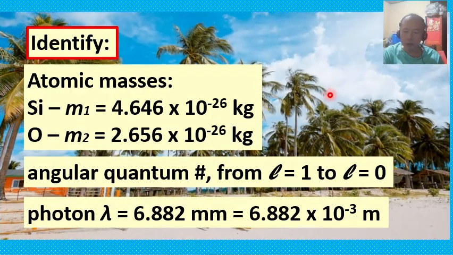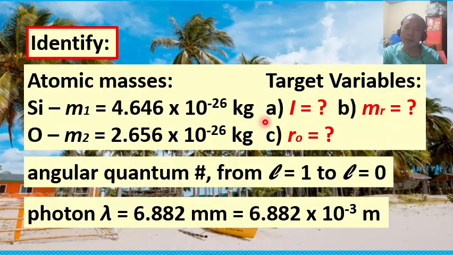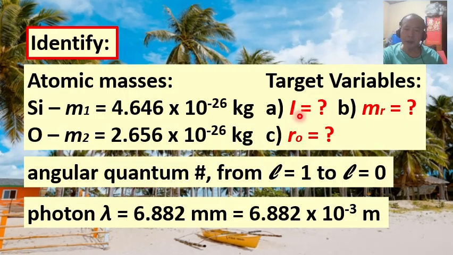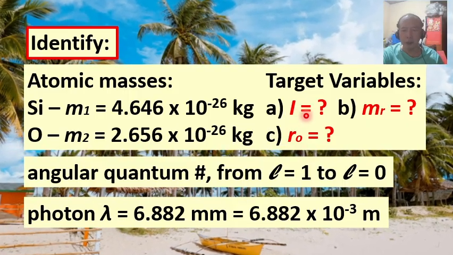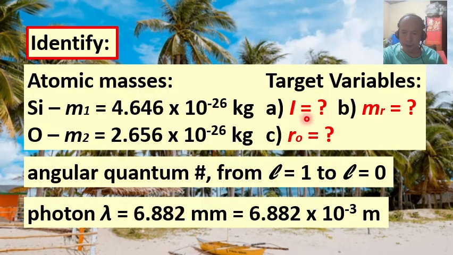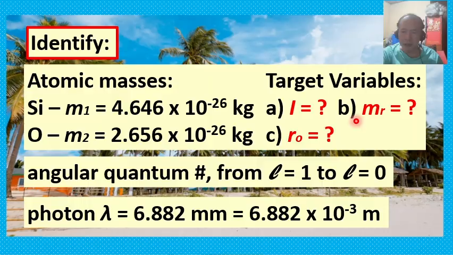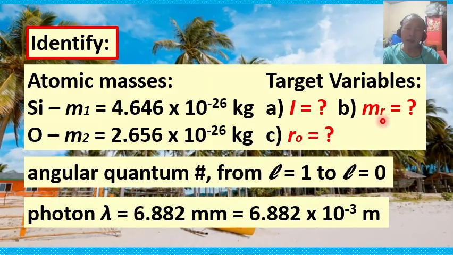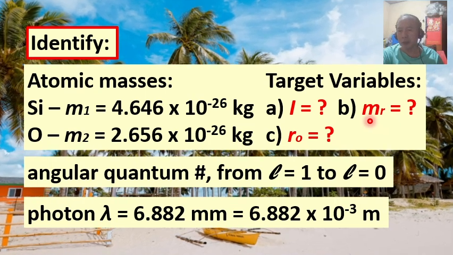Our target variables: in part A, the moment of inertia of the silicon monoxide molecule, denoted by capital I. In part B, the reduced mass of the molecule, denoted by small m sub r.